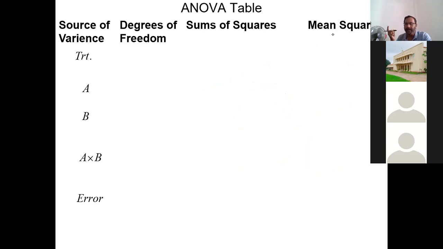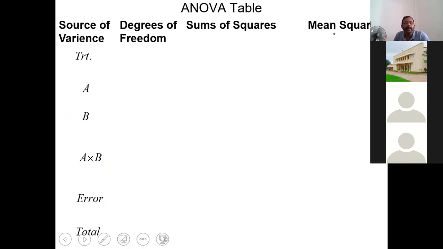Then we have the rest. In CRD, we have treatment, error, and the total. So it has been expanded. That is the concept.